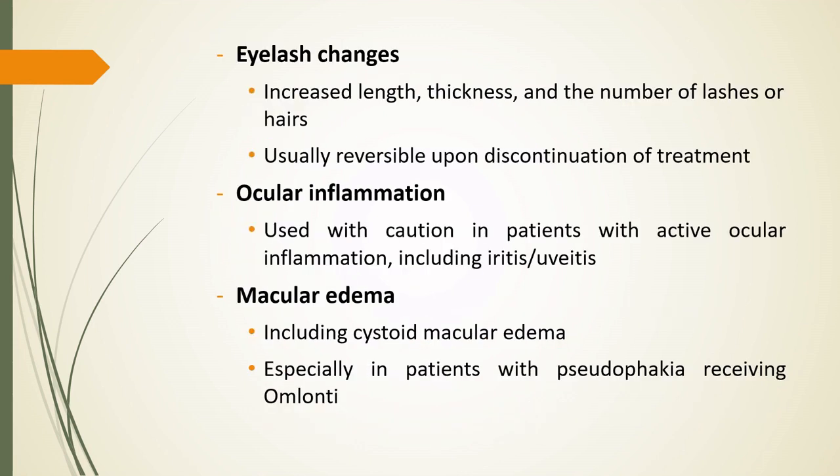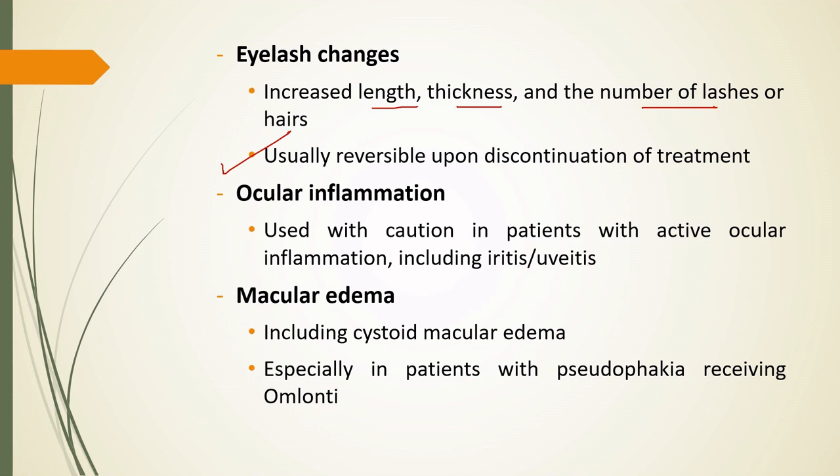This drug can also cause eyelash changes. So what are the changes? This drug can increase the length, the thickness, as well as the number of the lashes or the hairs. And these eyelash changes are actually reversible upon the discontinuation of treatment. This drug is also involved in ocular inflammation.